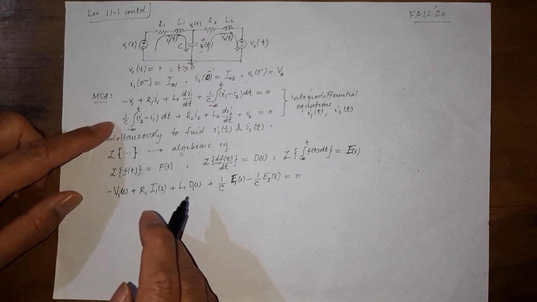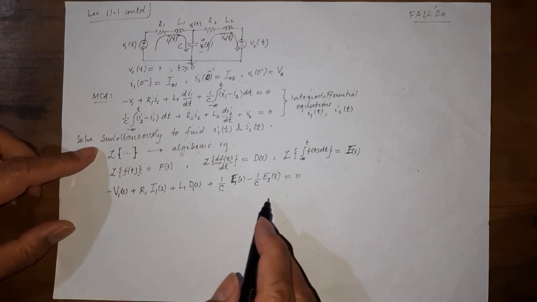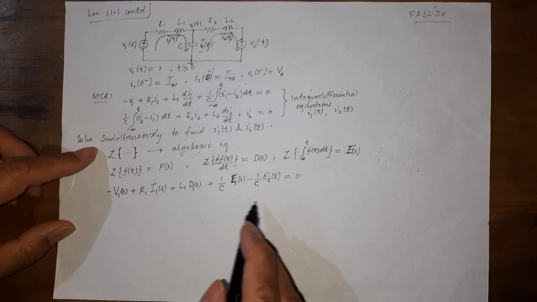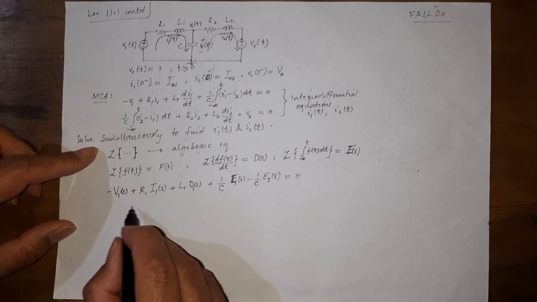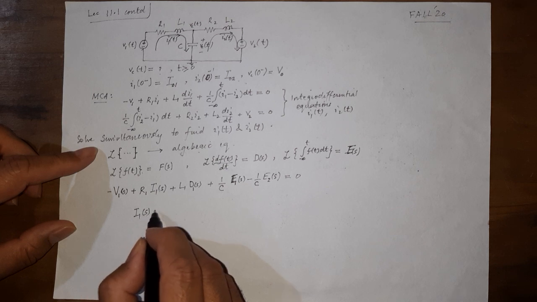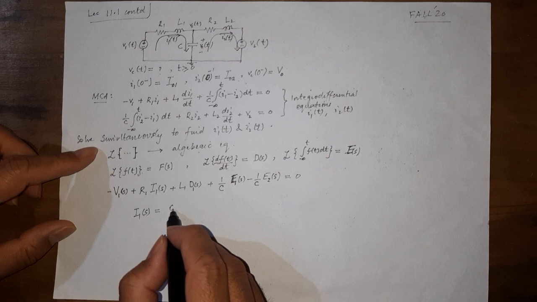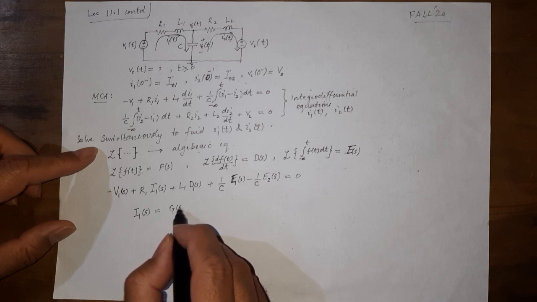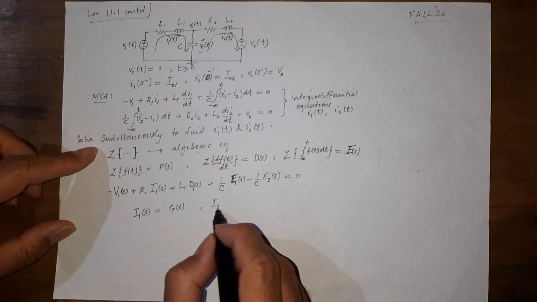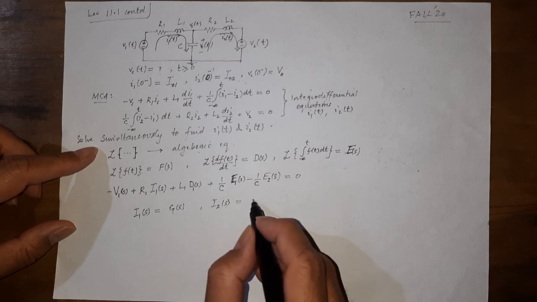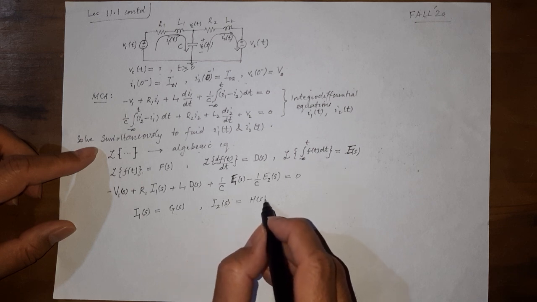Similarly, if we apply that operator to this one, we are going to have an algebraic equation, and then solving the two, we will find I1 of s is some function of s, and we will find I2 of s is some function of s as well.